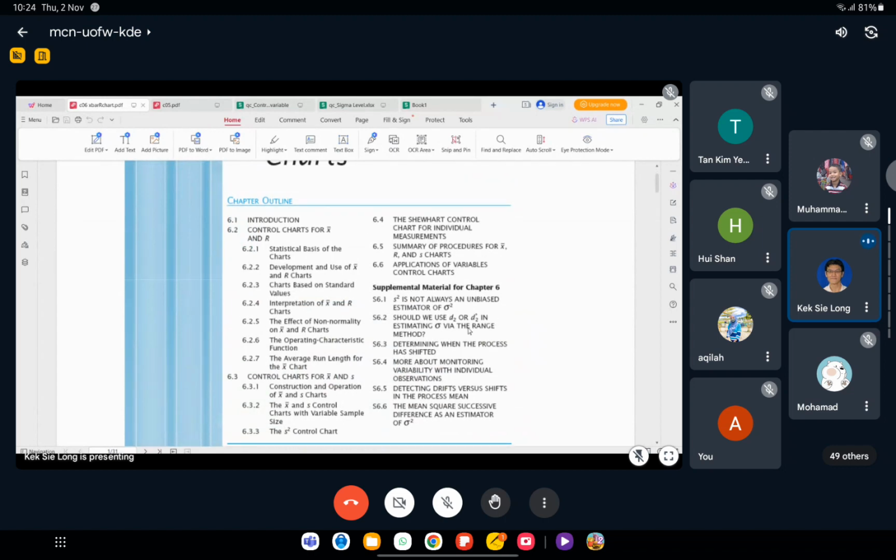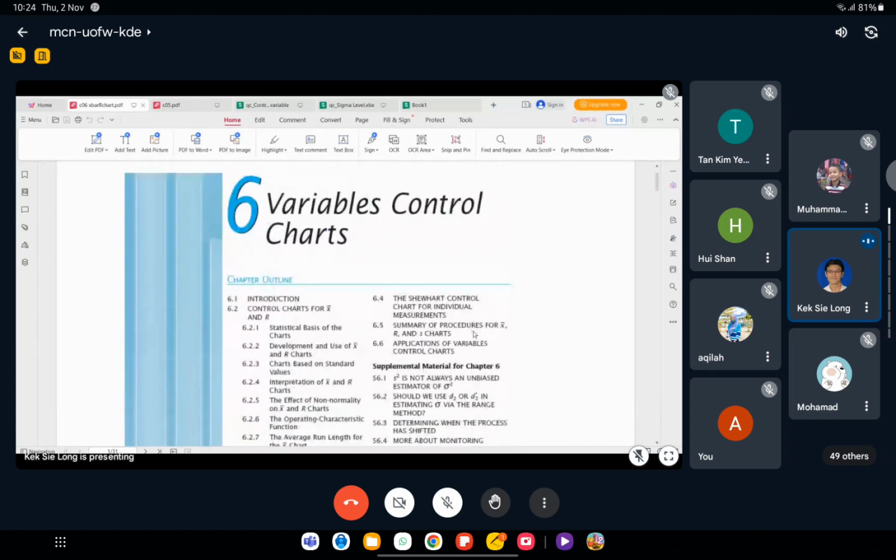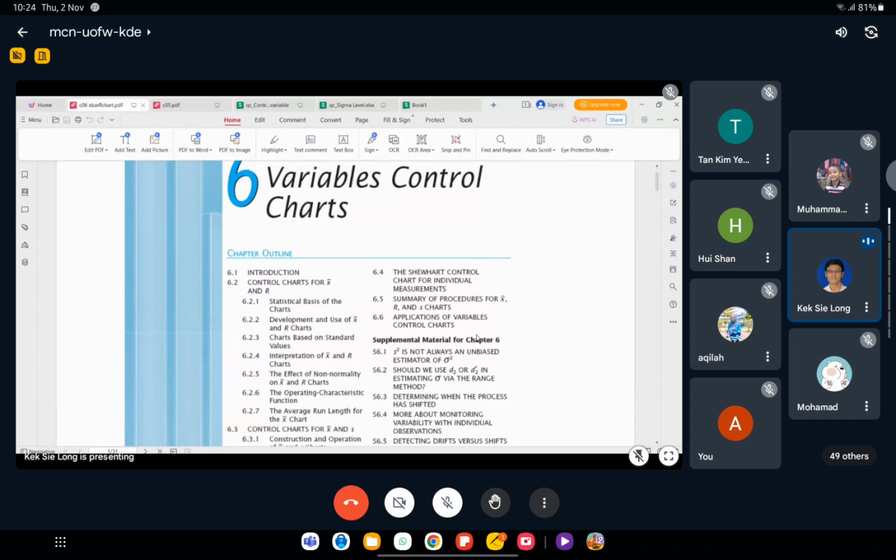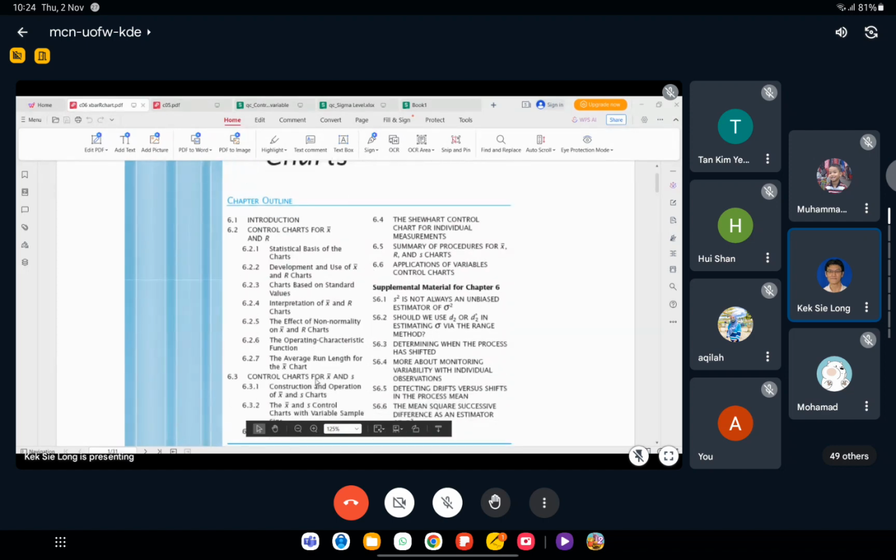But before that, because I already showed you this slide, I just want to let you know that for this variable control chart, in our discussion, we will discuss three pairs of control charts: X bar and R chart, X bar and S control chart, and the third pair is IMR.